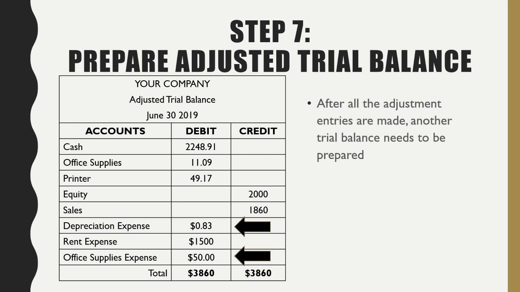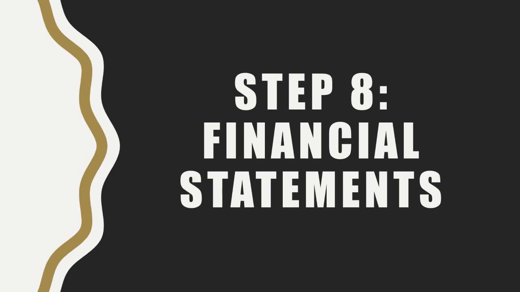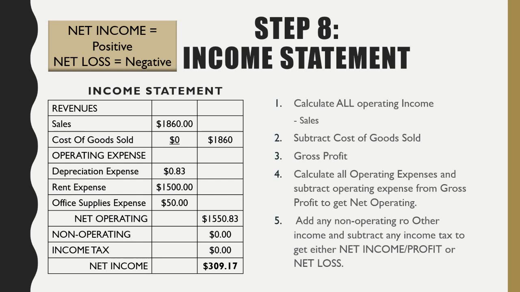So we're going to test again to see if our debits and our credits match. Once we get the good okay on the adjusted trial balance, the next step is going to be the financial statements. So again, this is going to be a partial review from chapter 1, because now we're actually completing the 4 financial statements.